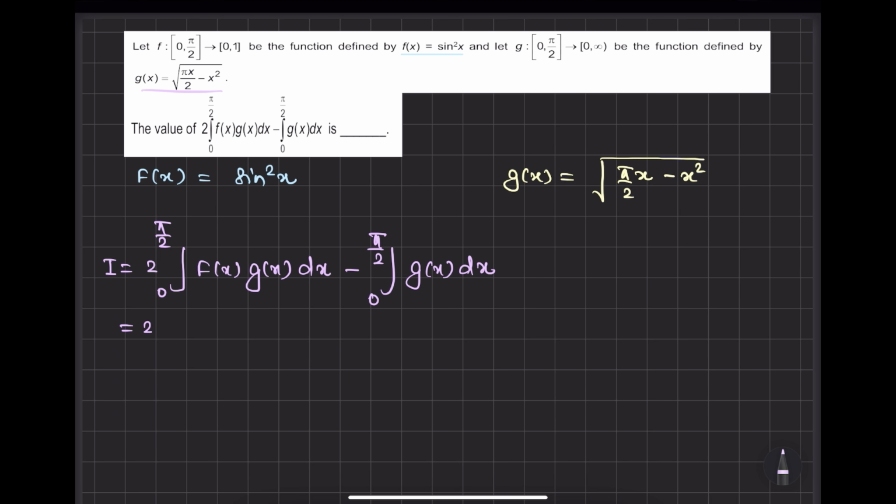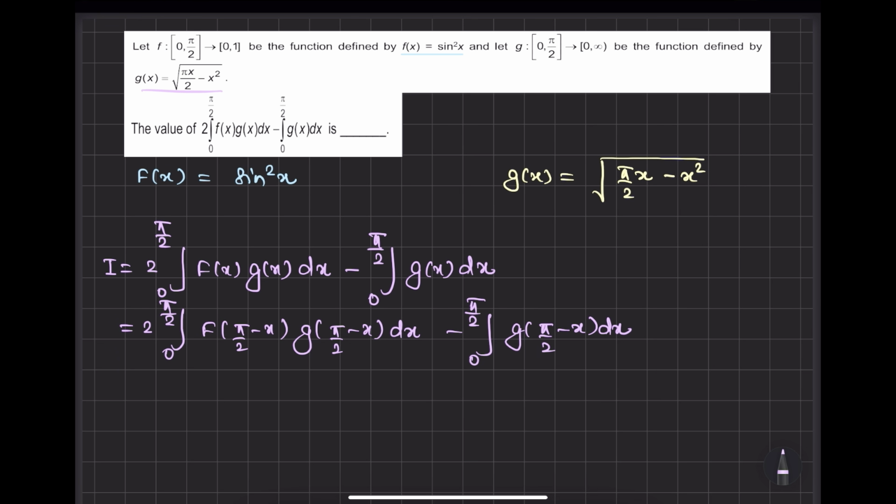So this thing will look like integration from 0 to pi by 2 f of pi by 2 minus x g of pi by 2 minus x dx minus integration from 0 to pi by 2 g of pi by 2 minus x dx. So this is also I.